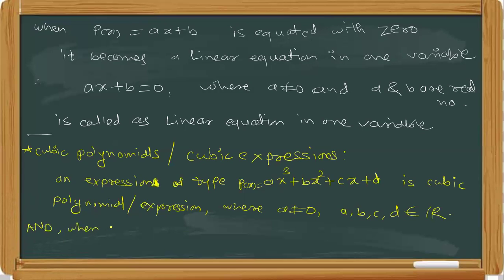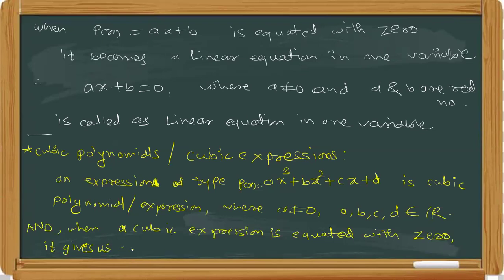Okay, and when a cubic expression is equated with zero, it gives us ax cube plus bx square plus cx plus d equals 0.